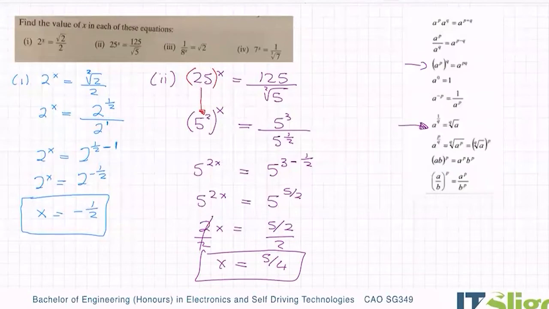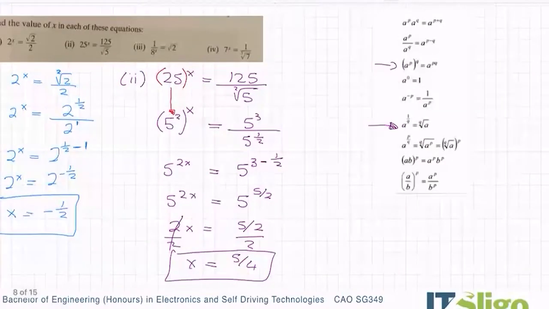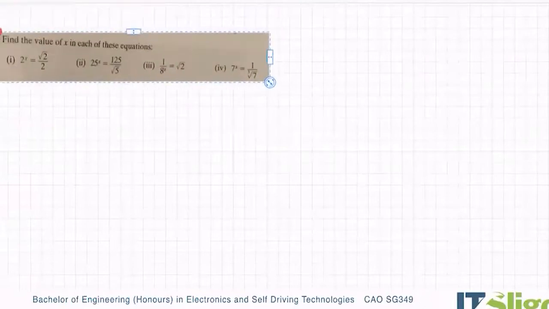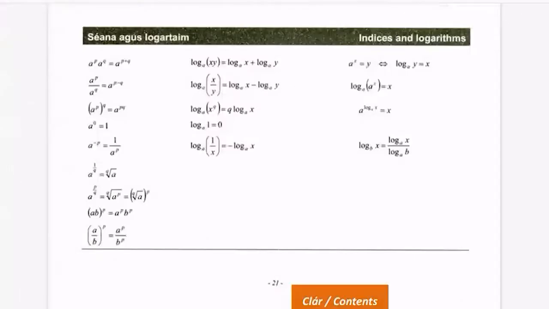Okay, let's try the third one. I'm just going to add on a new page so we're not squishing anything. Let me go back from my rules.